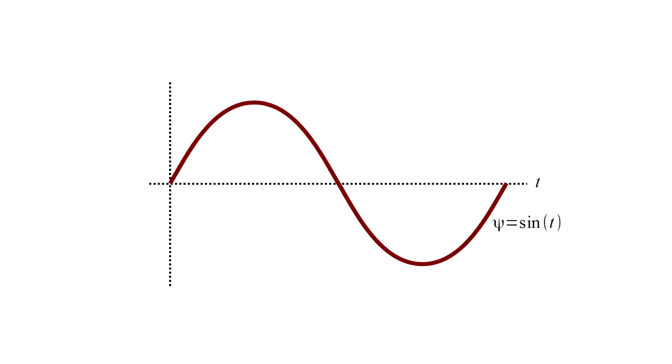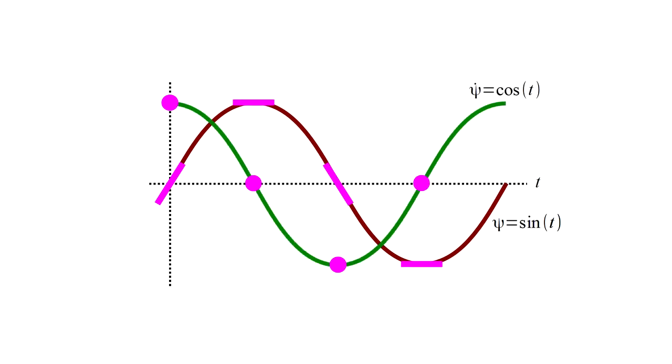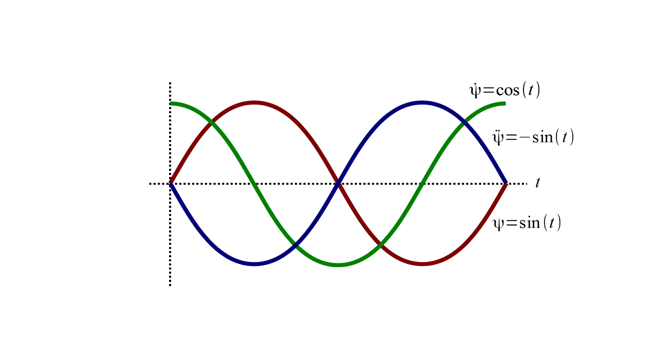If the field varies as sine of t, and at every point we plot the field slope, we get another curve, which is the cosine of t. Plotting the slope of the cosine produces minus the sine of t. So for our purposes, if the field, or position, is sine of t, the slope, or velocity, is cosine of t, and the curvature, or acceleration, is minus the sine of t.